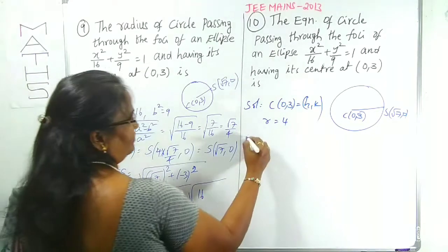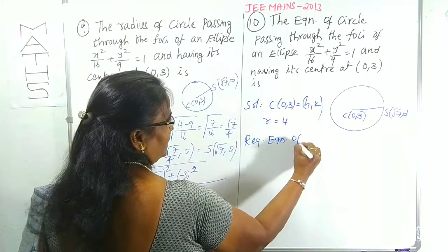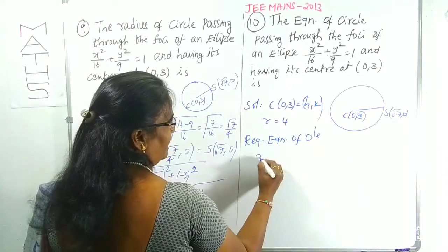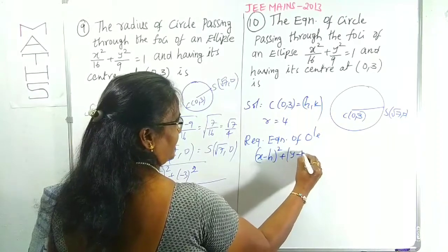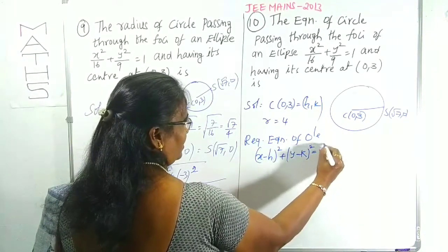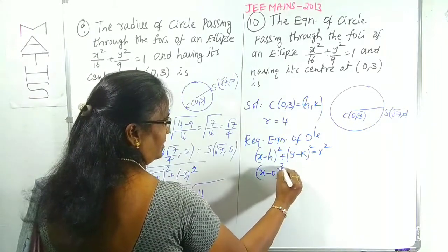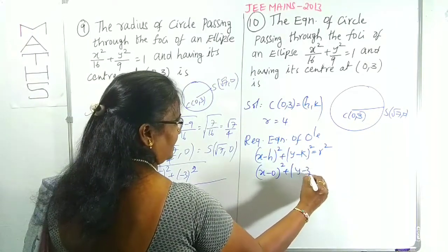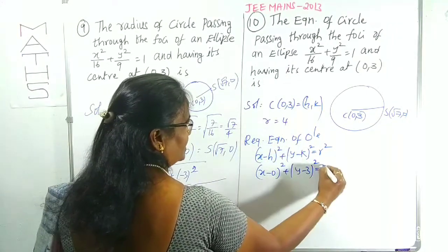So what is the required equation of the circle? You know the center and radius; the equation of the circle is (x minus h) whole square plus (y minus k) whole square equals R square. That is (x minus 0) whole square plus (y minus 3) whole square, substituting h, k, equals R square, which is 16.